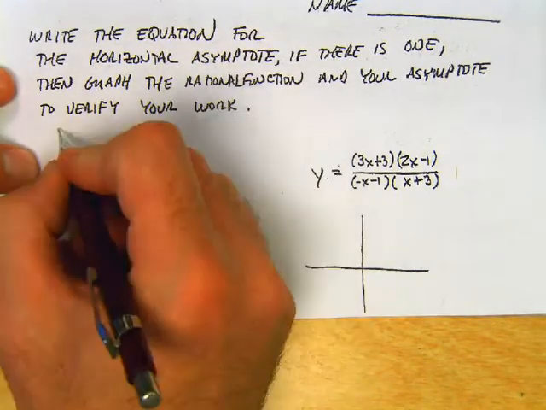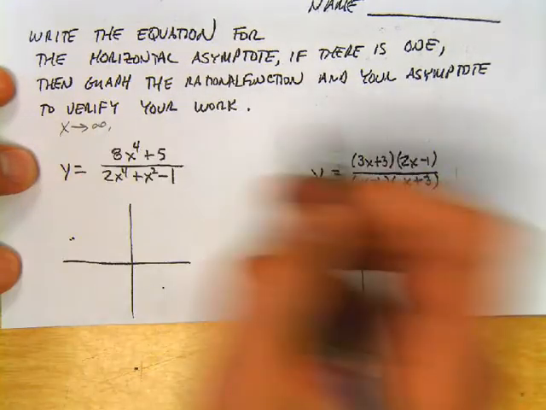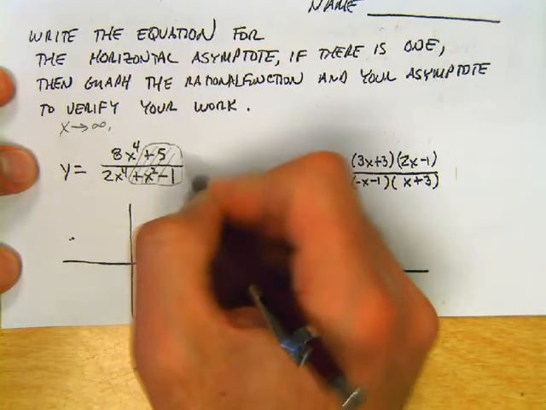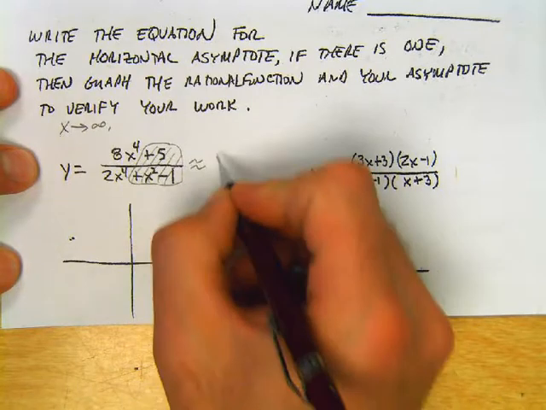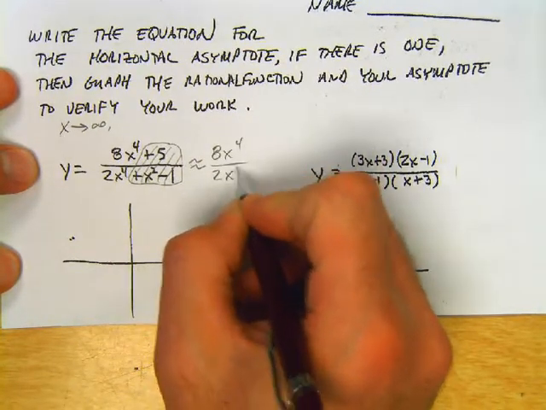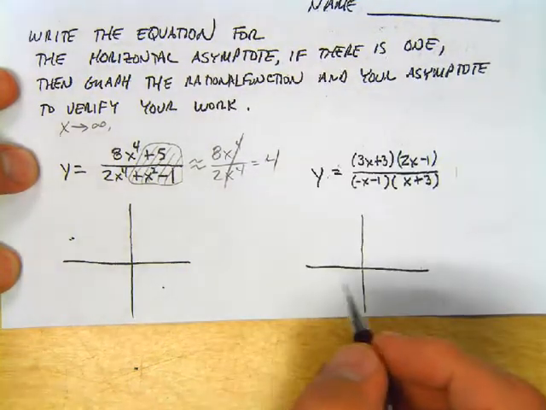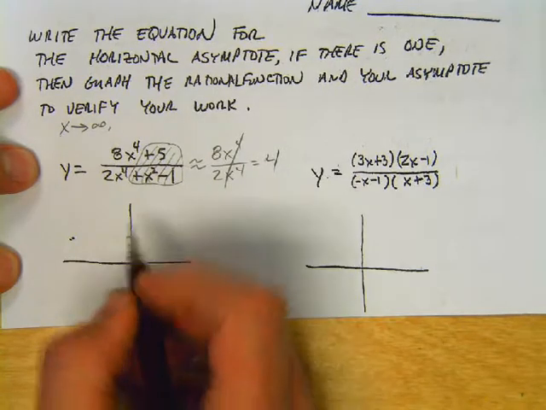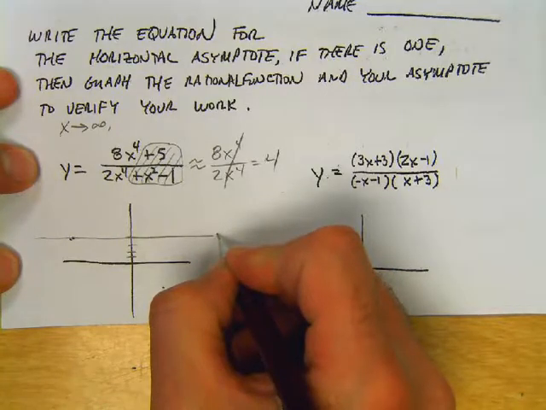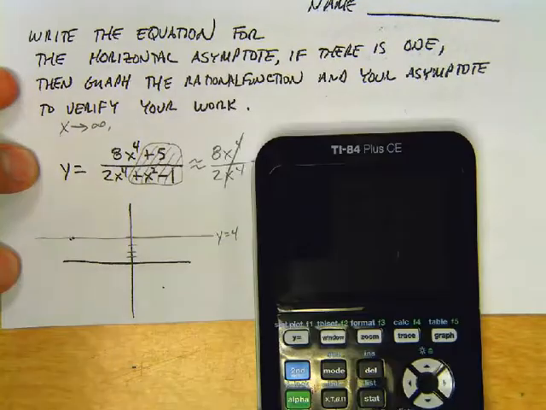So with that in mind, as x gets very, very large, these non-lead terms become insignificant and the function acts approximately like 8x to the fourth divided by 2x to the fourth, which simplifies to 4. So I would expect that there would be a horizontal asymptote at y equals 4.